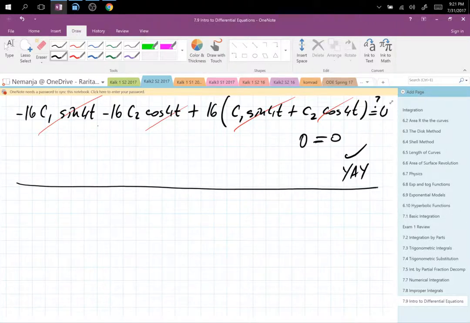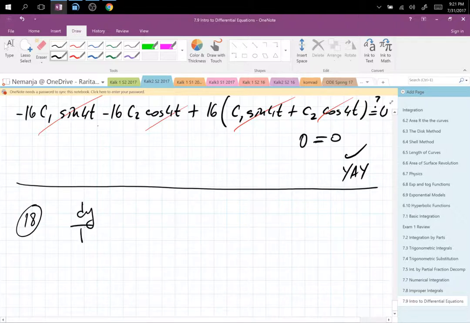Problems 17 through 20 are called warm-up initial value problems. Let's take a look at 18. It says dy/dt is equal to 8e^(-4t) with the initial condition y(0) = 5.